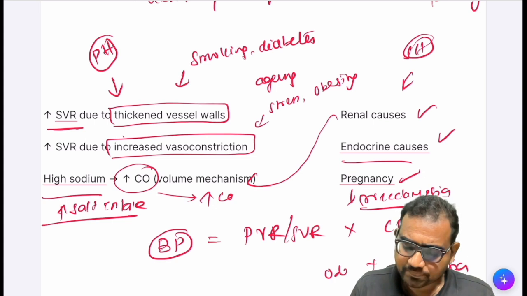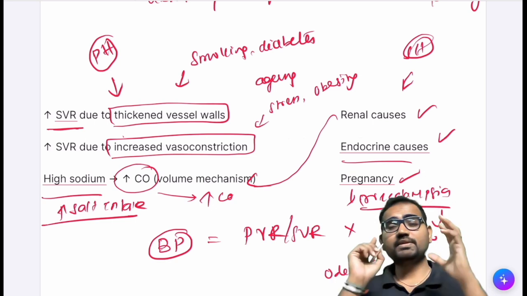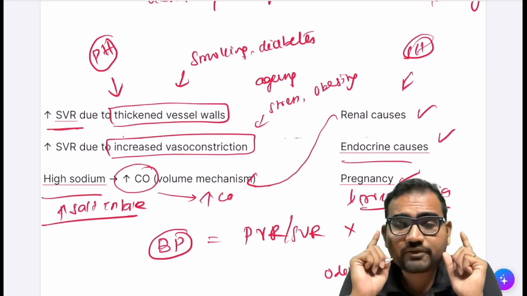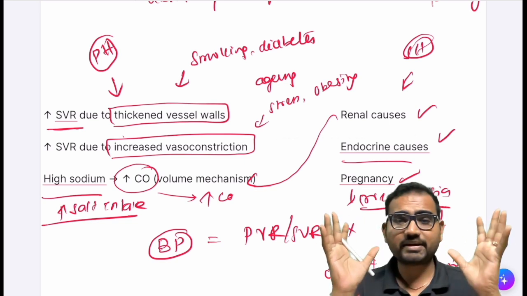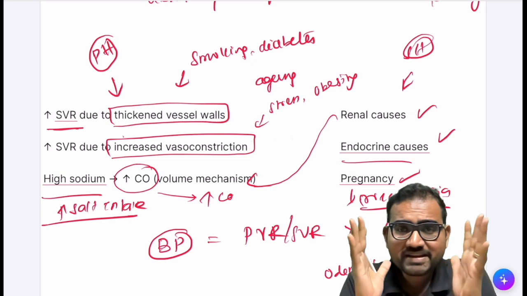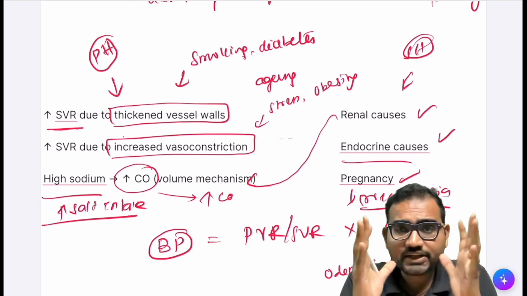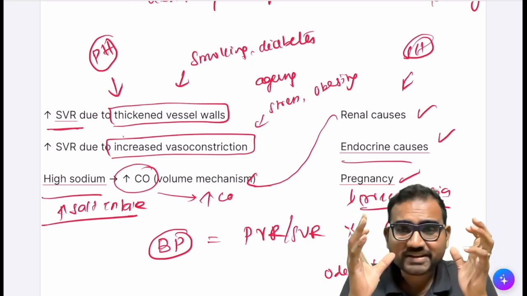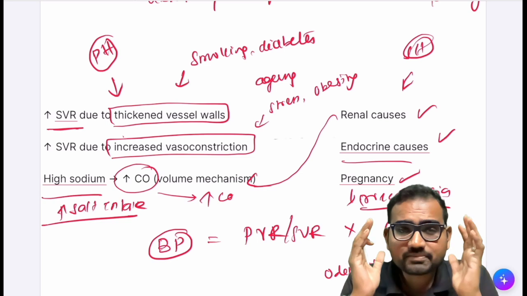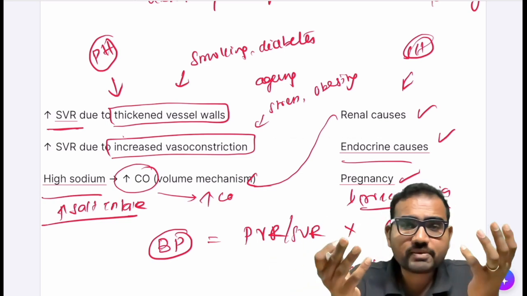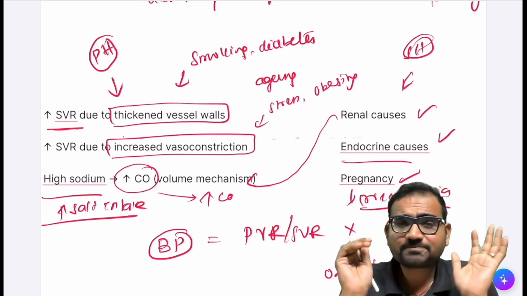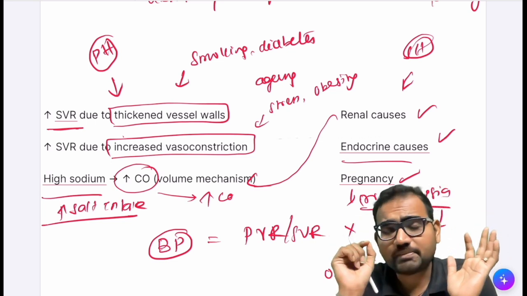plus edema. Okay, so when the body is having increased peripheral resistance or systemic vascular resistance, the vessel wall diameter decreases, so the dilatation is going to get decreased. Okay, so the resistance is going to be more, and because the patient is having increased cardiac output due to sodium or other causes, there's going to be an increase in the blood pressure.